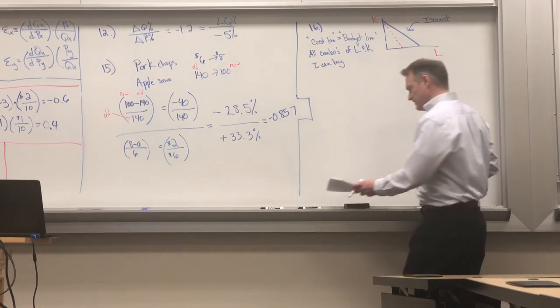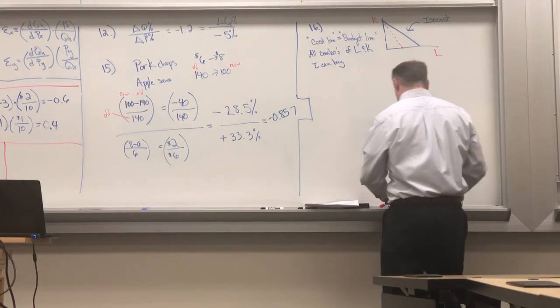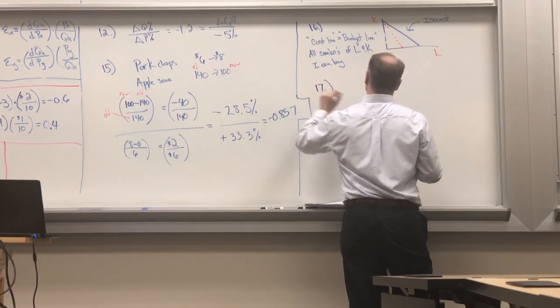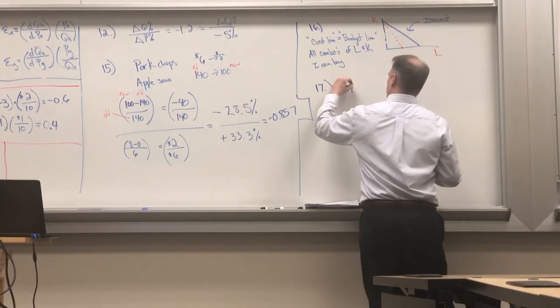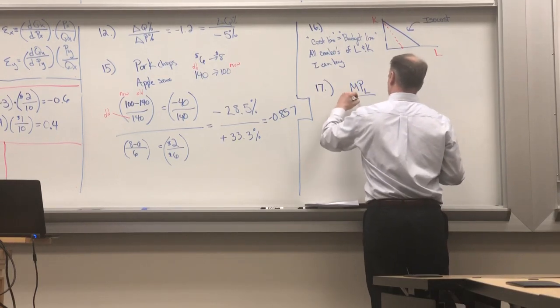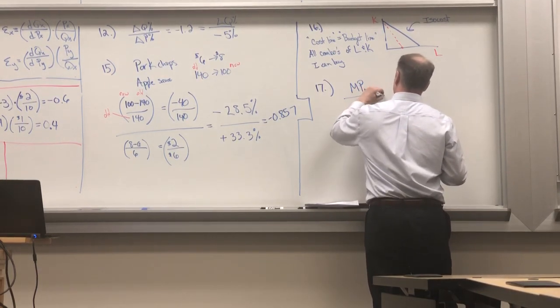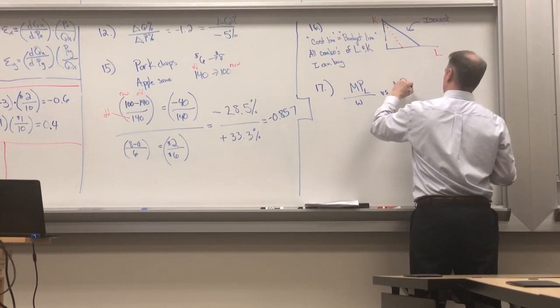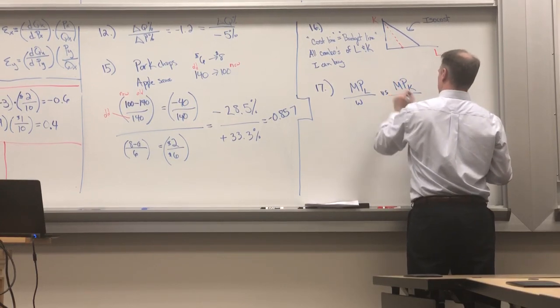Number 17, the idea behind 17 is this bang for the buck idea, which is, I want to take this ratio of the marginal product of labor over the wage rate and compare it to the marginal product of capital over the rental rate.